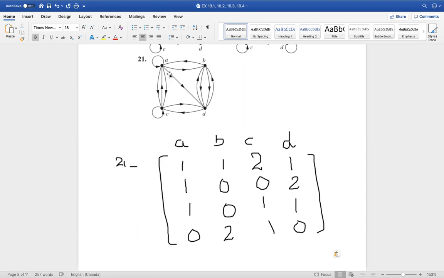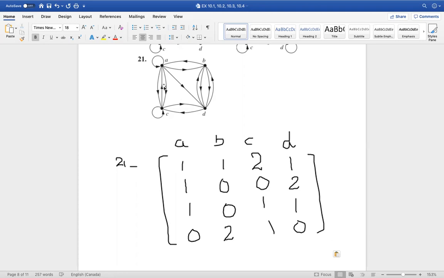So if we see for vertex A, it has an edge going into itself. Therefore A is adjacent to itself, right? So we put 1 here. Now for B, is B adjacent to A? We see that there is an edge from A to B, therefore we put 1 here.